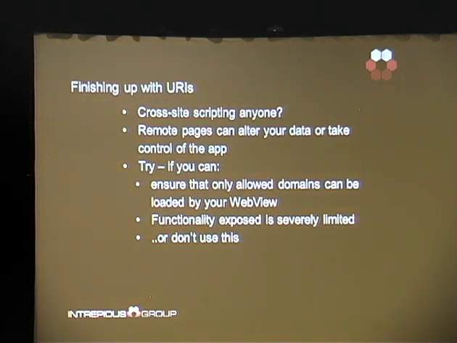So possible problems here, you can end up just giving up control of your application to a malicious entity, to a bad guy who ends up posting a link on the web page, or alter your data. So there's a whole bunch of different bad things that can come out of this. So a couple of things that I would recommend here. First, make sure that you limit the domains that you can load through the web view.